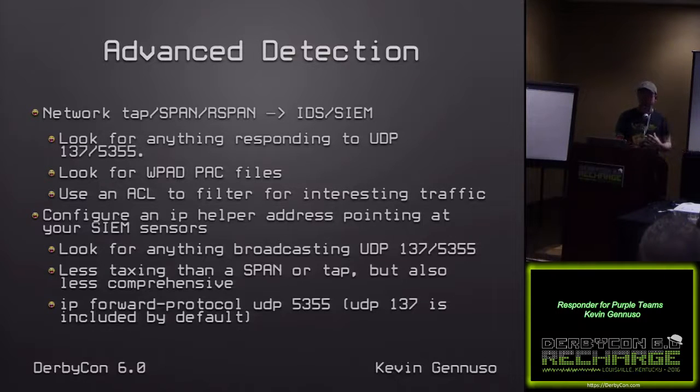So by default on a Cisco environment, you can say IP helper, and it will automatically forward UDP 137, which is NetBIOS name service. If you just add this line at the bottom, the IP forward protocol UDP 5355, that will also get your LLMNR heading towards whatever IP helper you configure.